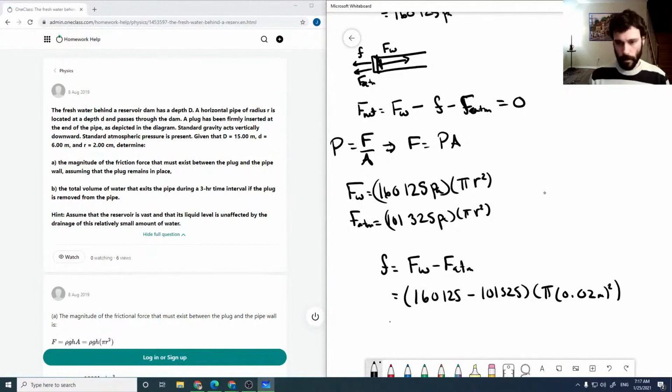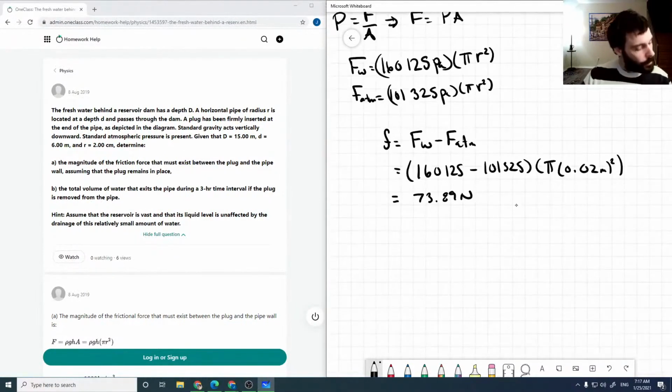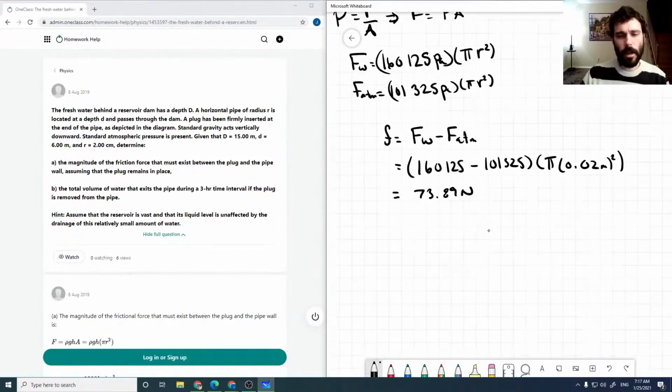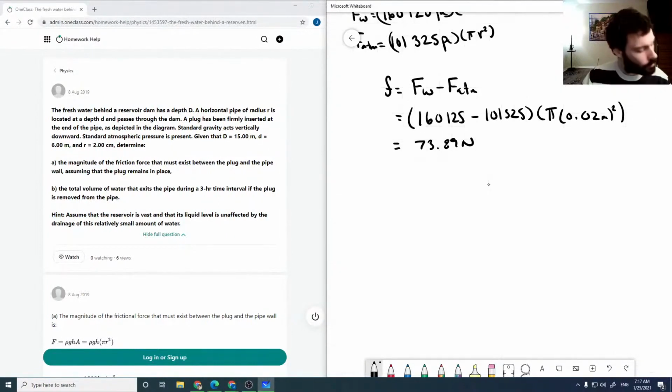And so our frictional force comes out to be 73.89 newtons. Okay, and now for B, it asks the total volume of water that exits the pipe during a 3-hour time interval if the plug is removed.